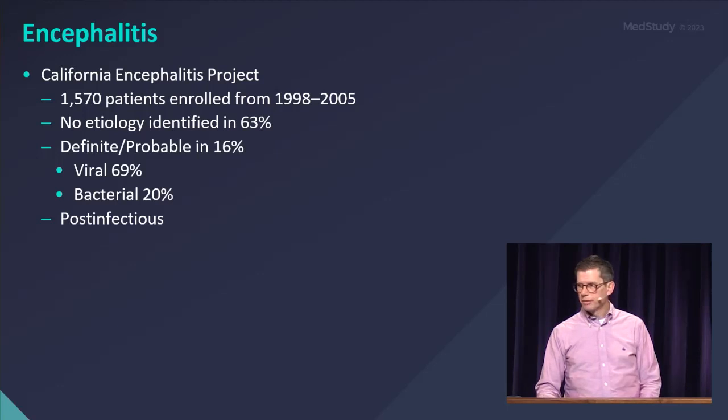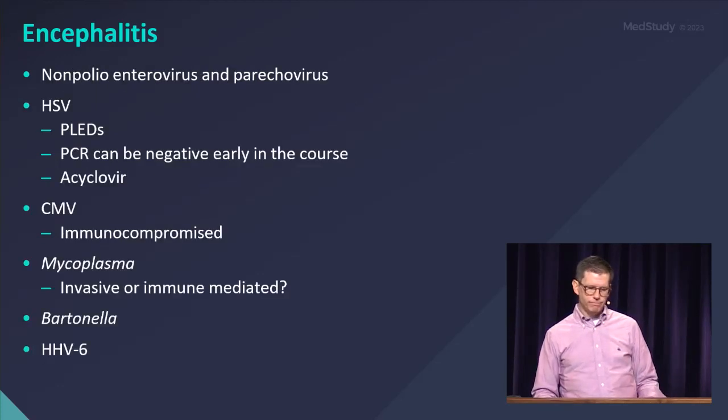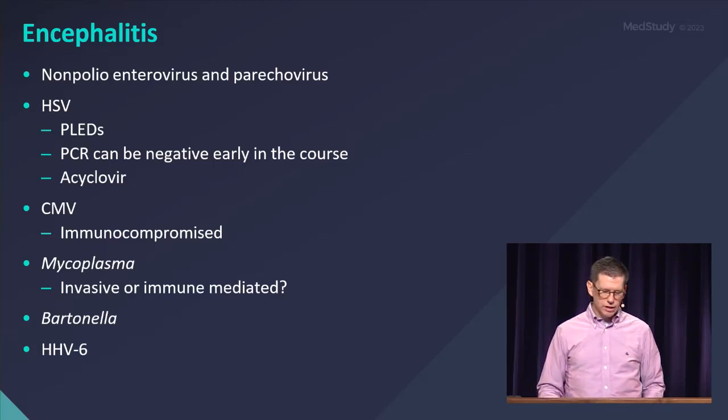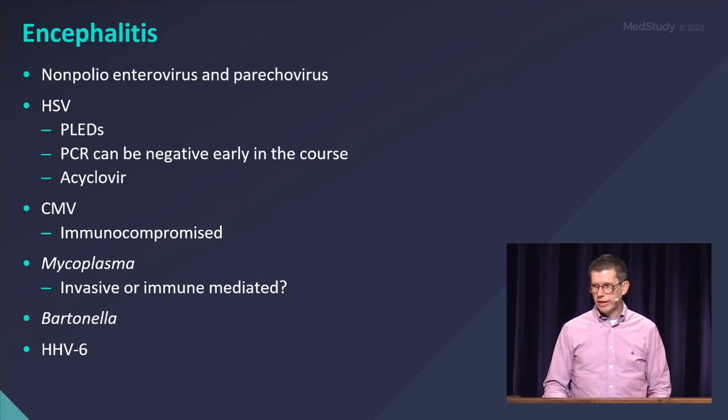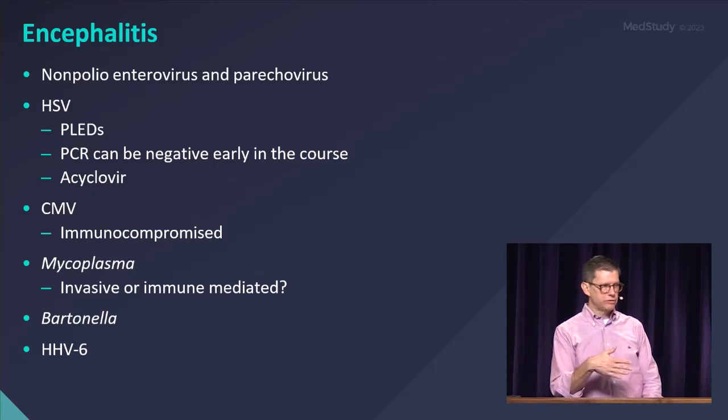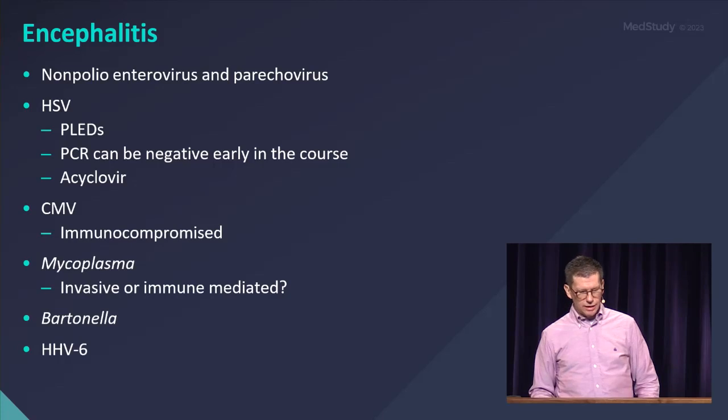Sometimes it could be post-infectious, and that would include acute disseminated encephalomyelitis, which we're not going to get into in this particular talk. Oftentimes it's non-polio enteroviruses and parechovirus. Sometimes it can be HSV, like we talked about, and the treatment for that is acyclovir at 10 mg per kg per dose, as opposed to neonatal HSV therapy, which we use 20 mg per kg per dose.